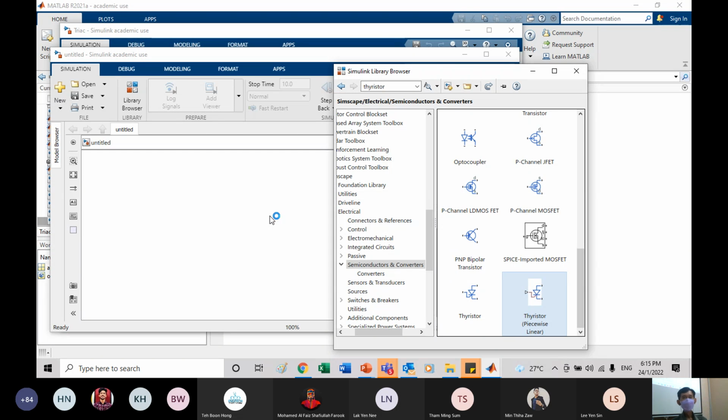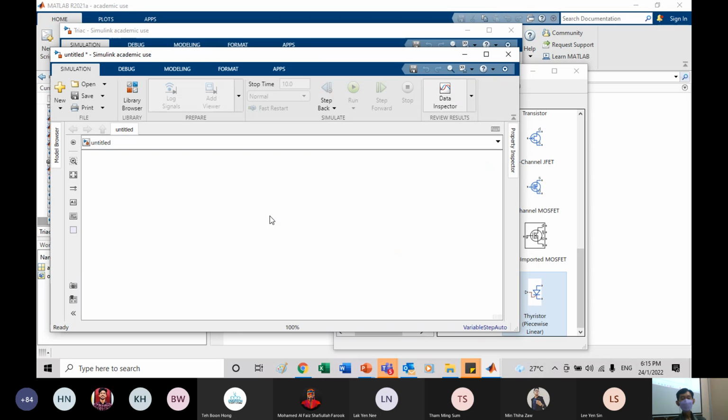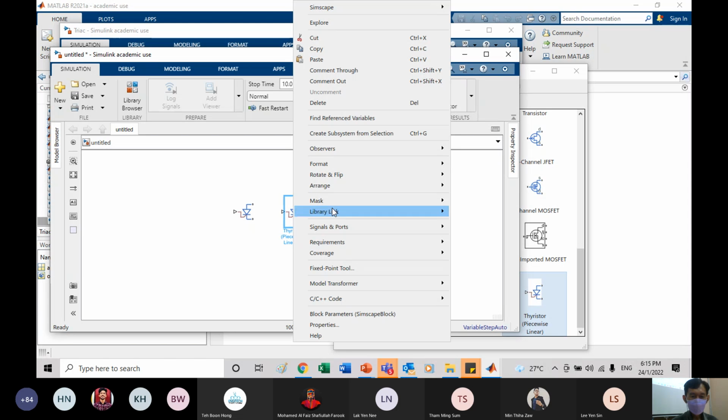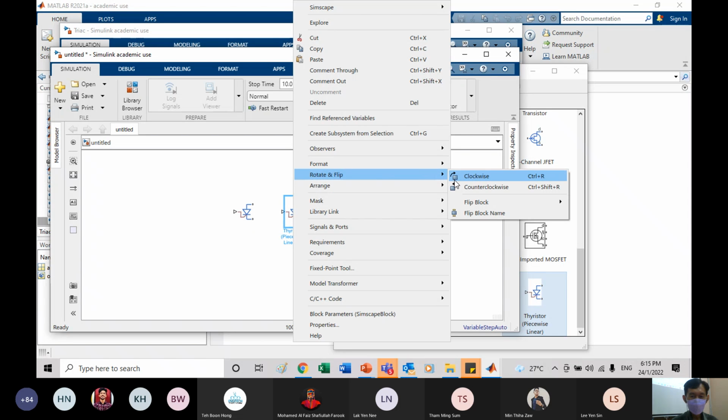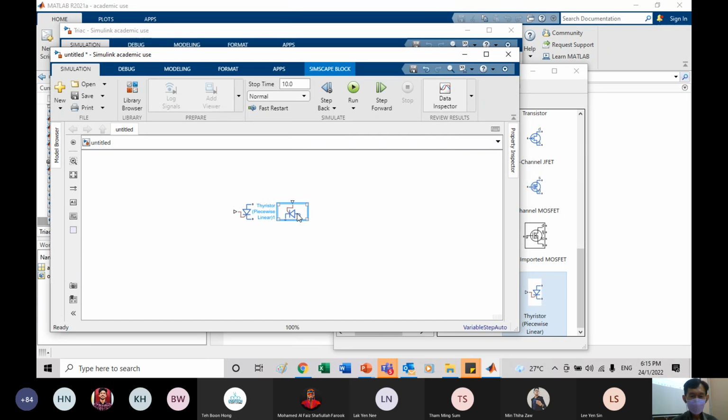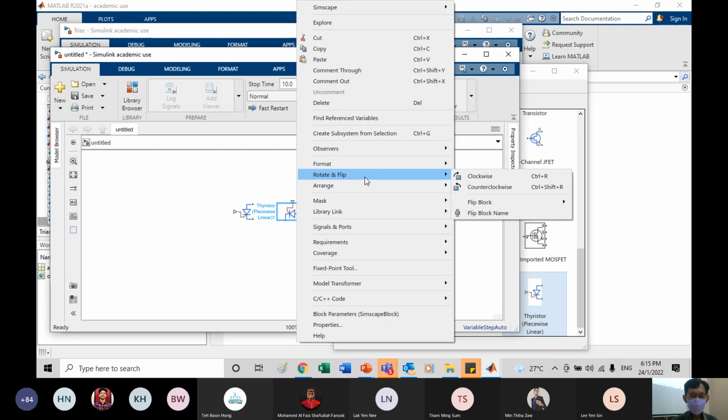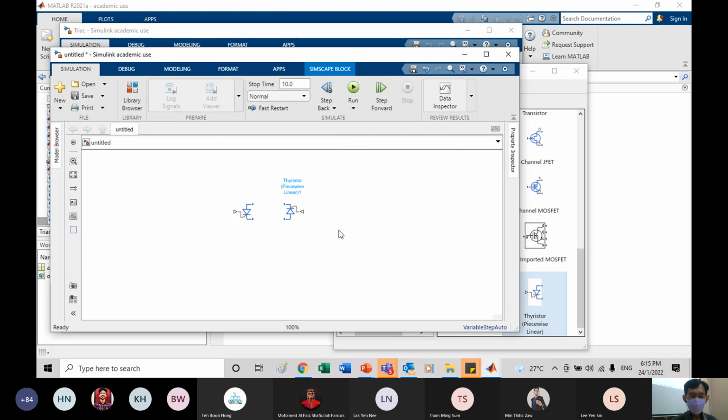Sorry, the computer is very old already. Okay, I did two, right? So what I need to do is just rotate this. You can rotate or flip, I just rotate it. Control R. Oh, good, you know the secret.